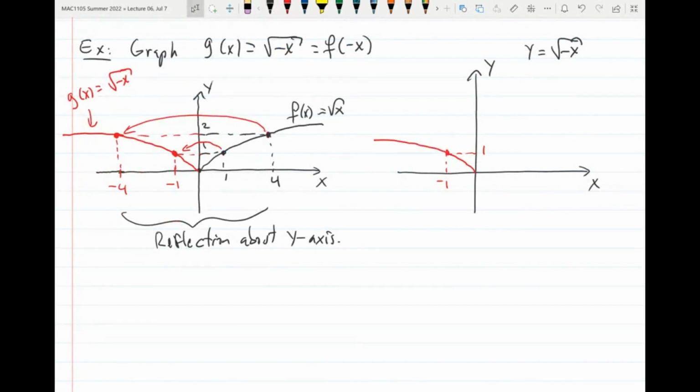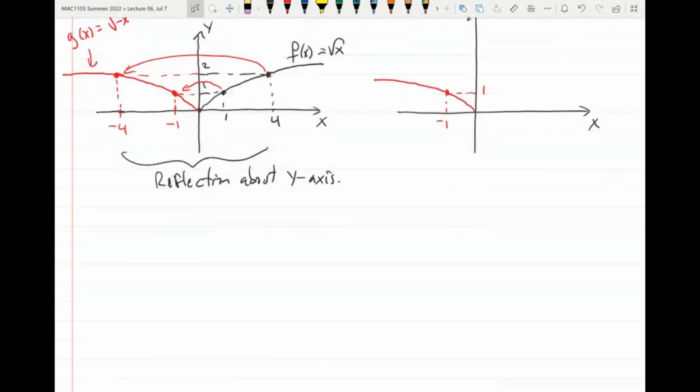So I guess let me write it down. So, theorem. Okay, so let me ask you a question. If you have an even function, what happens when we try to do this transformation?